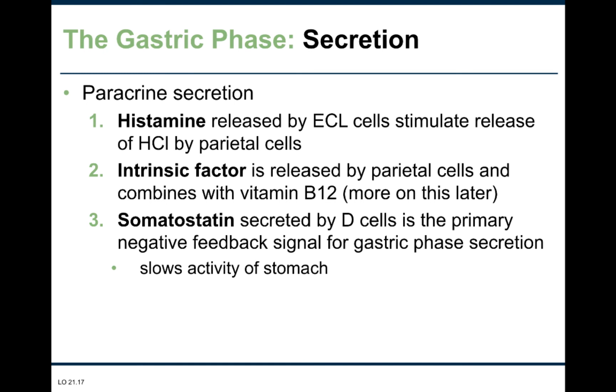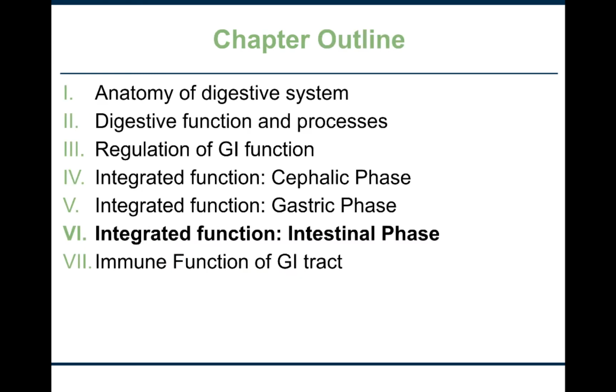Again, this is just information that we went through previously, so nothing new here. Histamine released by those ECL cells. Intrinsic factor is needed to absorb vitamin B12, and somatostatin is really that negative feedback or that inhibitor of the secretion in the stomach. Okay, so that's it on the gastric phase.